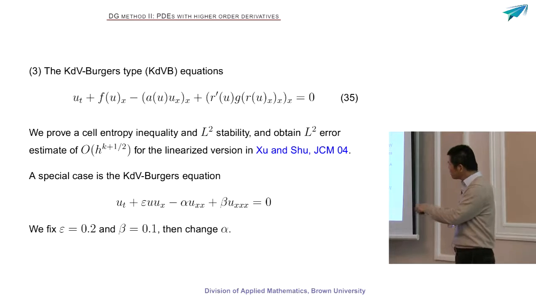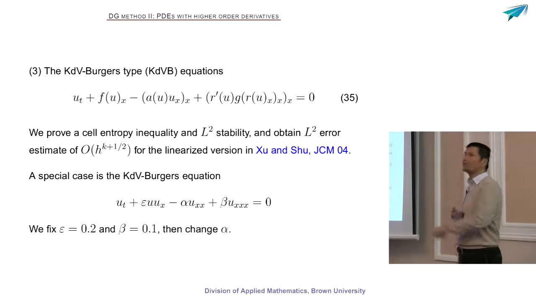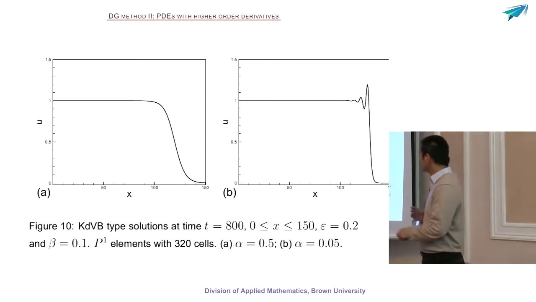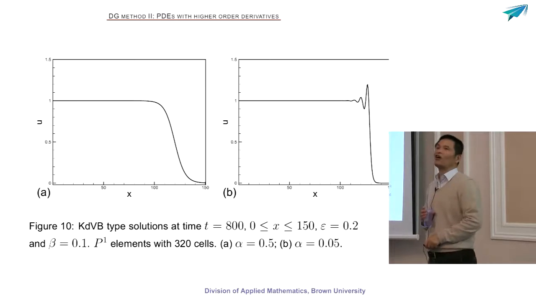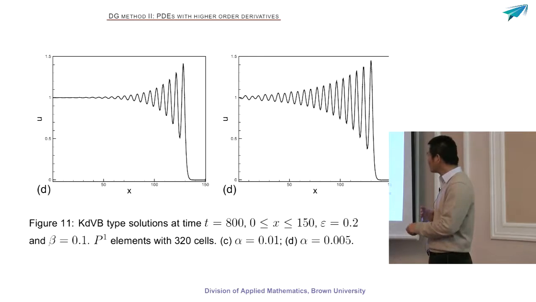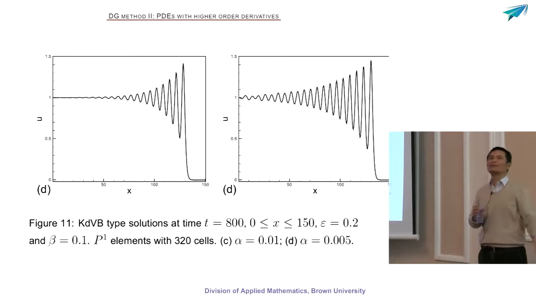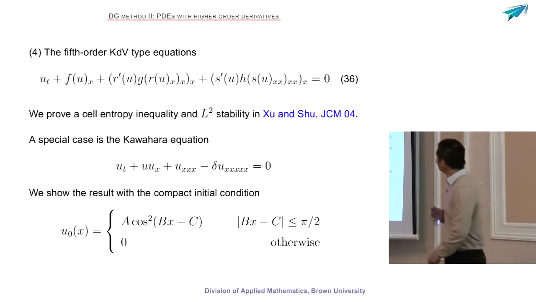The bigger the alpha, the more diffusion the problem becomes. If alpha is 0.5, you get basically a diffused shock front. If alpha is 0.05, you get some dispersion, right? Some oscillations. If alpha is 0.001, 0.0005, then you get more oscillations. So it's a fight between diffusion and dispersion in this system.